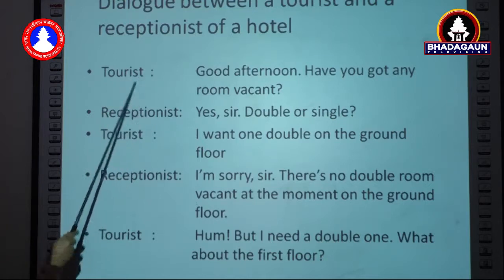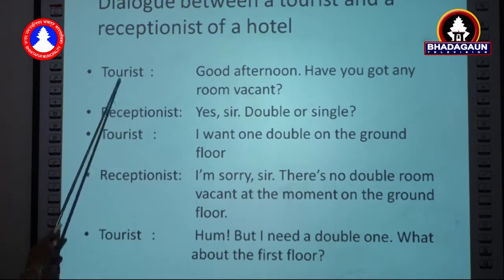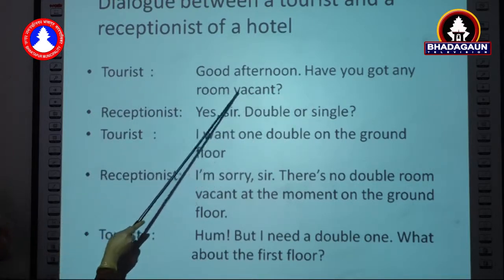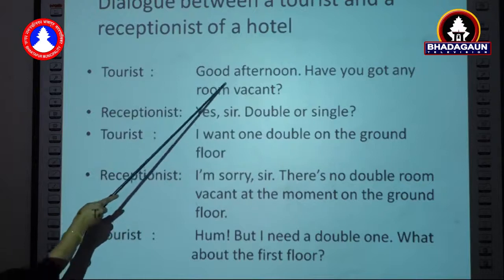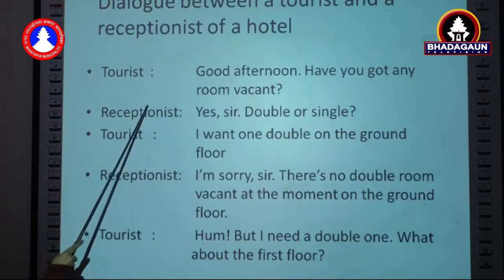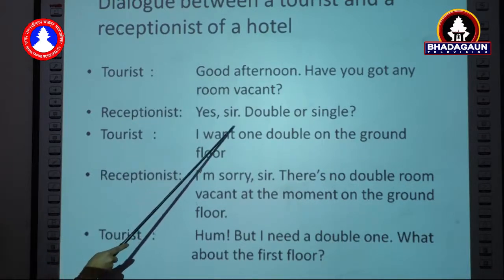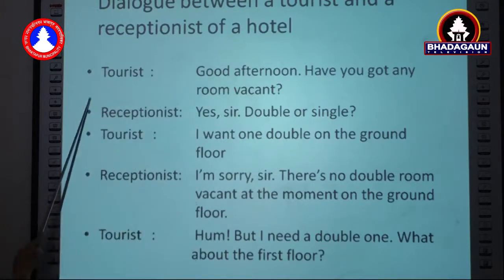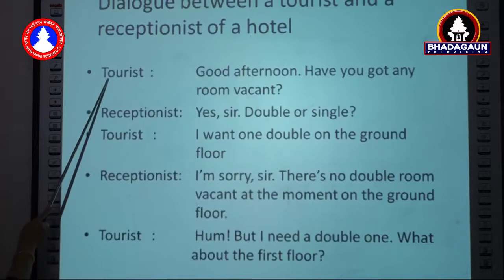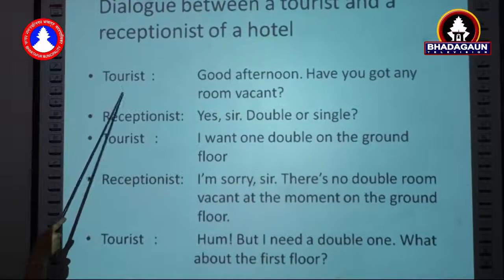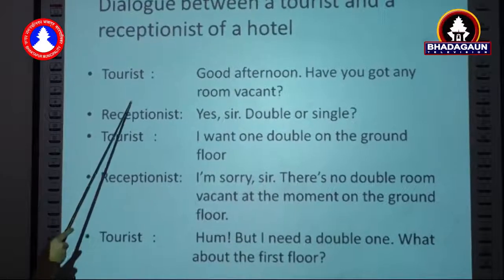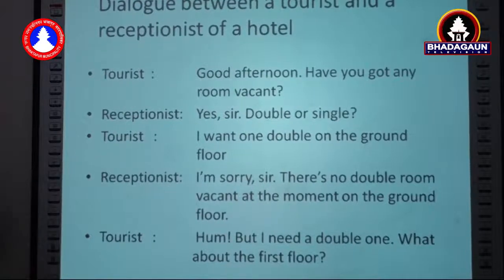They two are exchanging their dialogues, right? The tourist says, "Good afternoon, have you got any room vacant?" When he asks the question, the receptionist says, "Yes sir, double or single?" So this is one exchange. The tourist asked a question and the receptionist answered that, and that is an exchange.